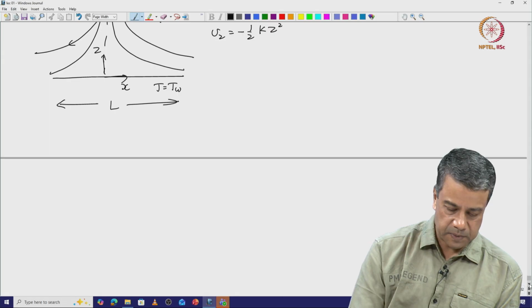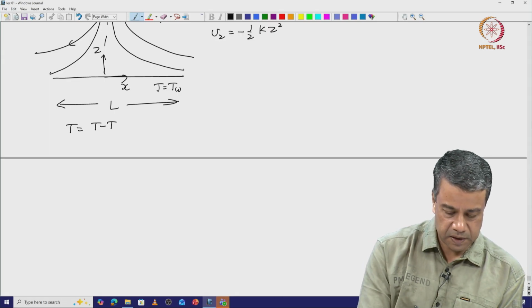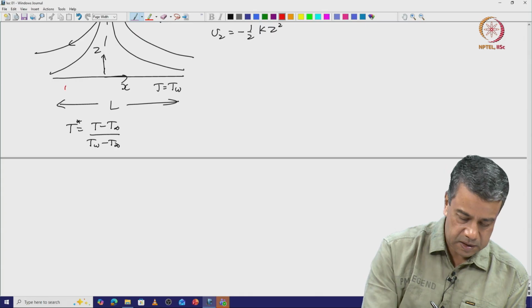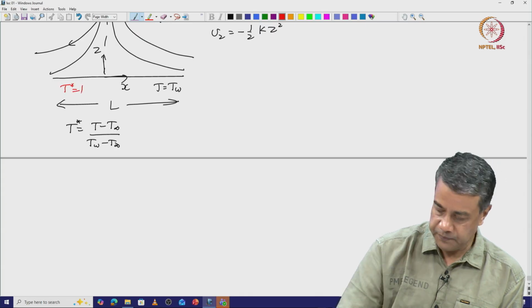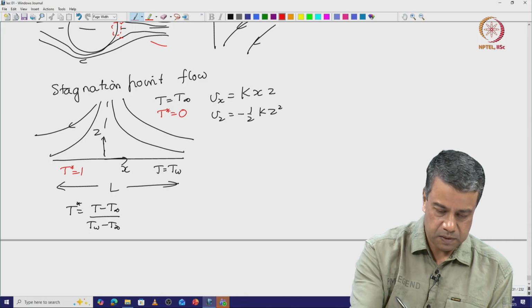The equation for the temperature field: I will once again define the scaled temperature T star equal to T minus T infinity by Tw minus T infinity. That means at the surface T star is equal to 1, and far from the surface T star is equal to 0.